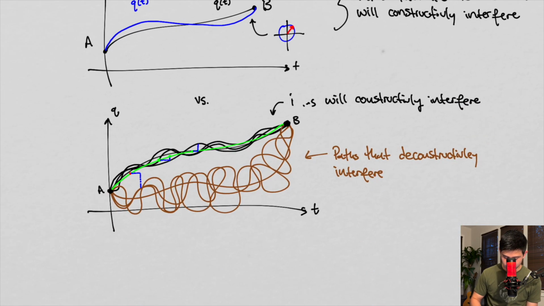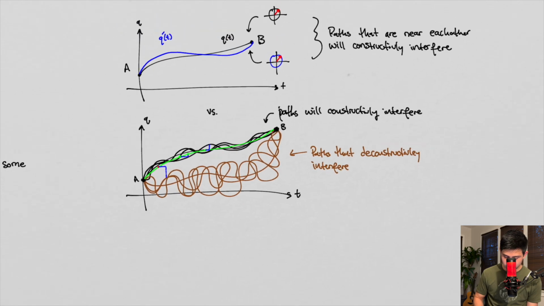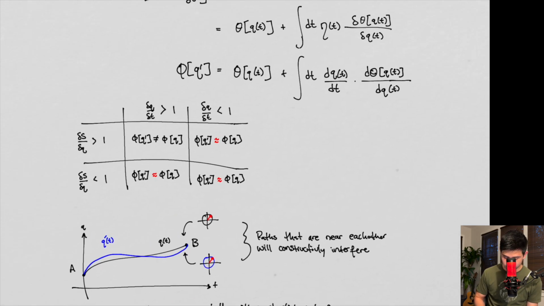And that's an example of destructive interference, right? So in one case, we have paths. Paths will constructively interfere. Constructive interference is when we have these two guys being small, or one of them sufficiently small to drive the other one down.